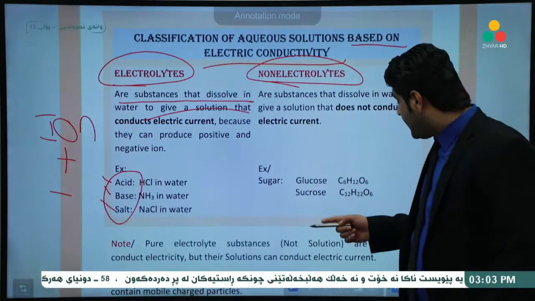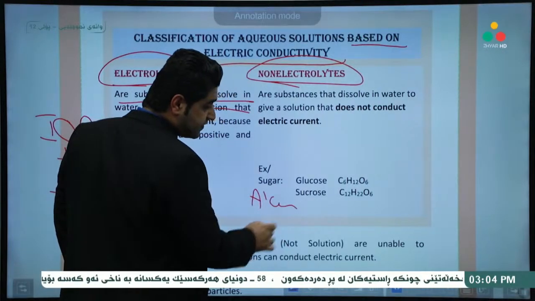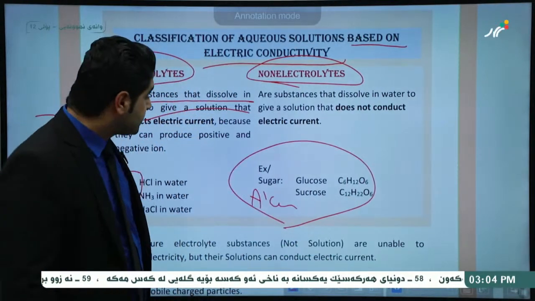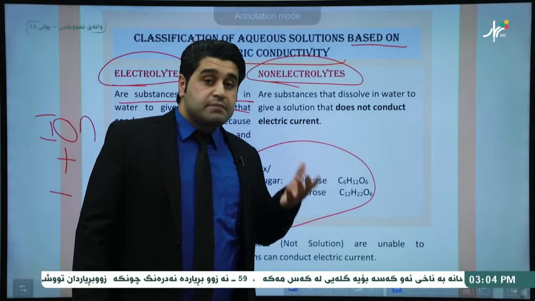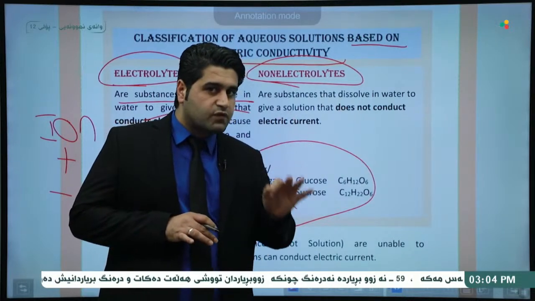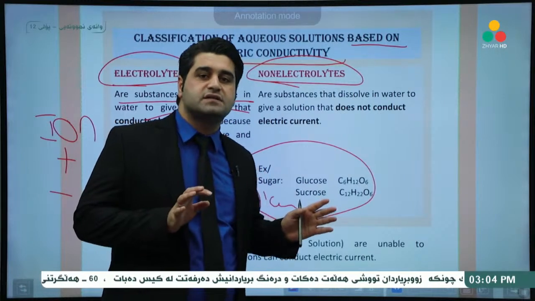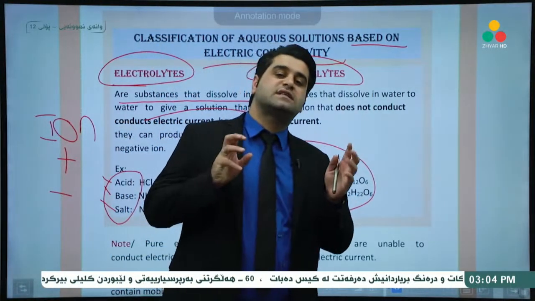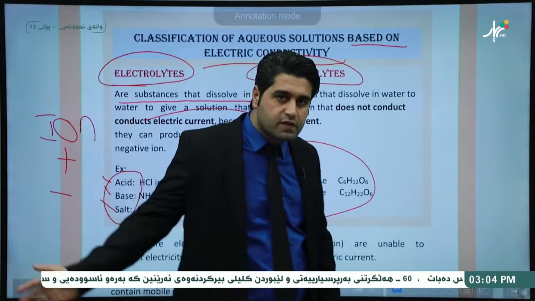But for non-electrolytes, we have alcohols such as ethanol and methanol, and sugars. When we dissolve sugar in water, and when we talk about water, I mean distilled, deionized water. This is a special kind of water prepared after special treatment using reverse osmosis technology in our laboratory to obtain water that cannot conduct any electricity because we removed all the ions.